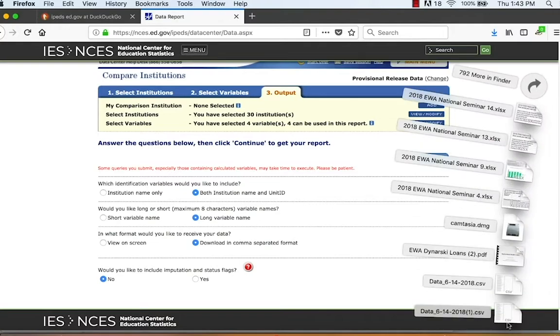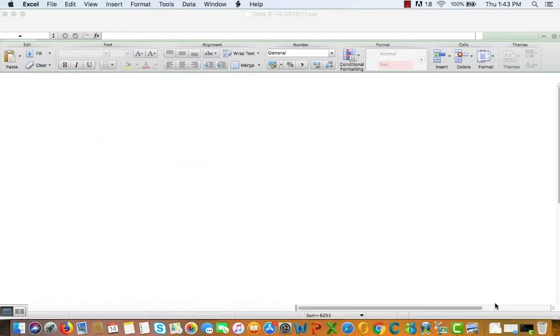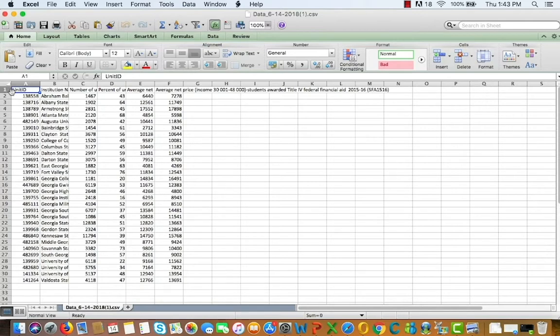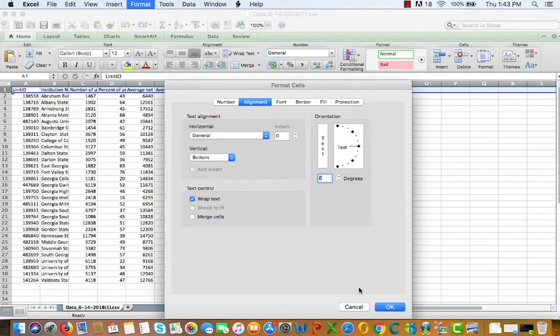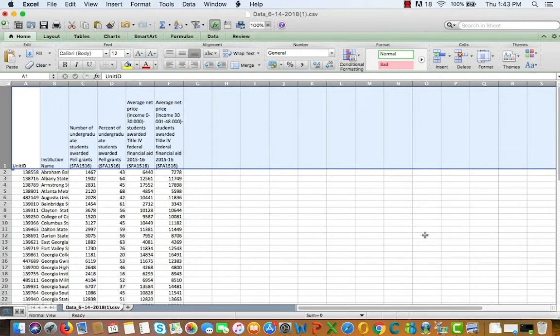Okay, now I've downloaded it. Okay, so now we get a handy little spreadsheet, and we're going to make it so we can read the variables. Okay, so the percentages here, you can see they don't put it in percentages.